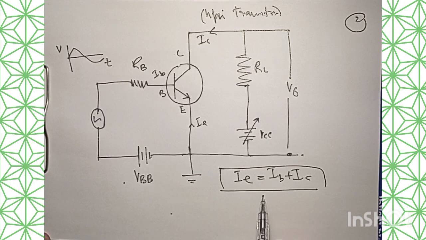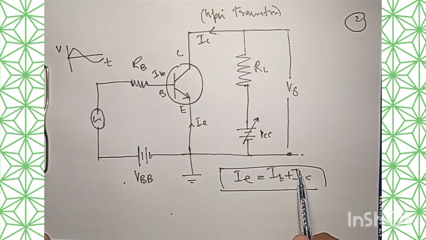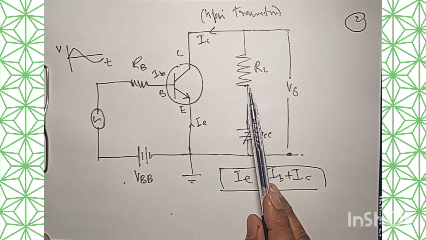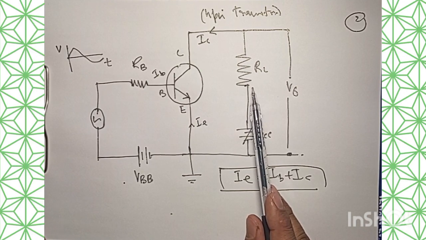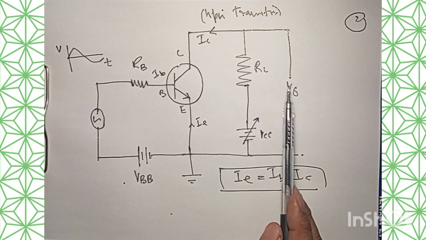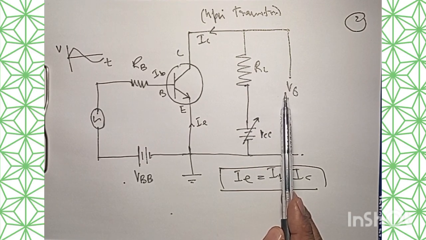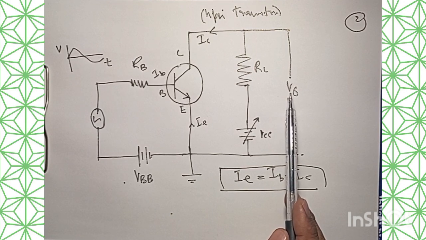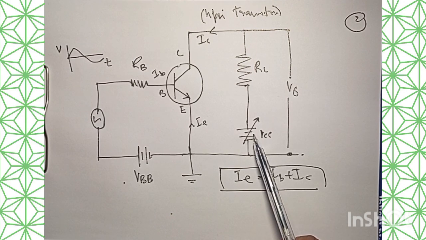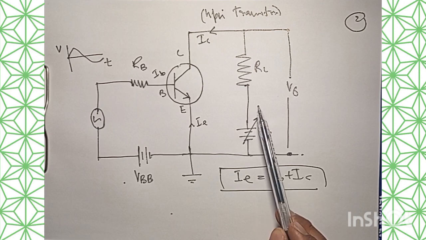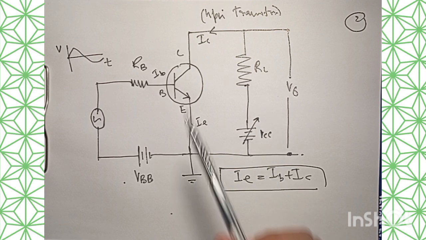Now, when the collector current IC flows through the load resistance RL, the output or collector voltage, this Vout that we have here, must be equal to VCC minus ICRL.